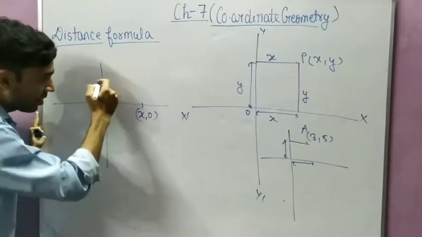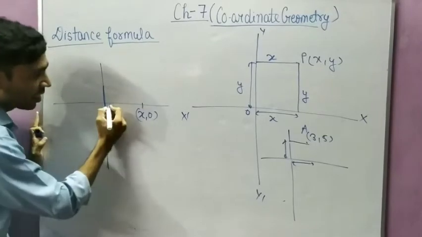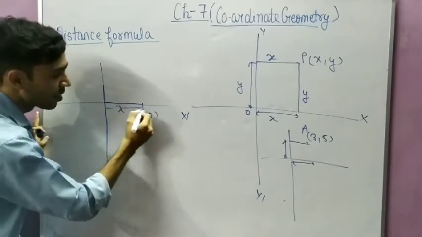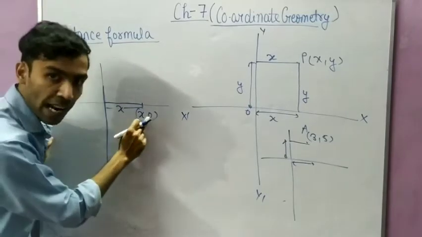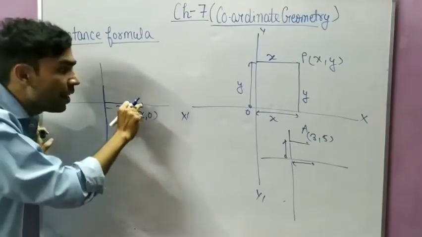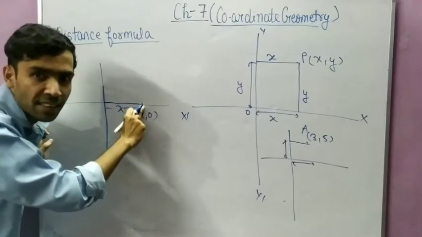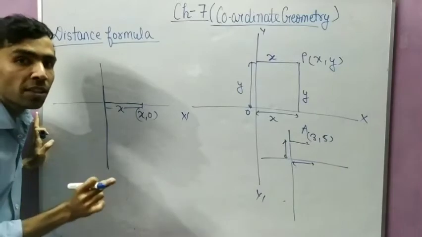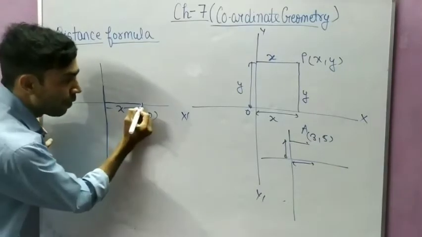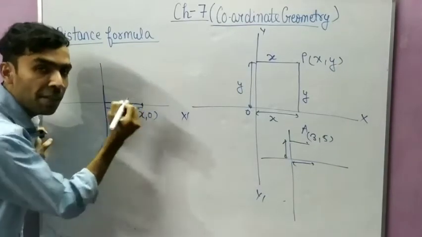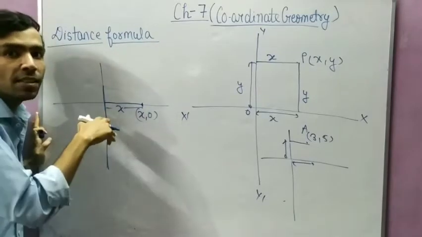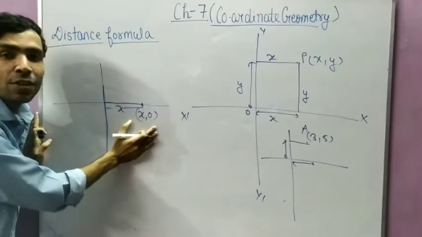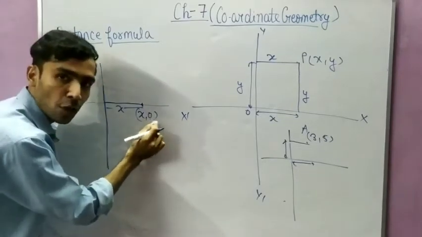So this is perpendicular to the y-axis, and this distance will be x. Now, what is y? Y is 0. When the point lies on the x-axis, and the ordinate is the perpendicular distance from the x-axis, there is no distance. That's why whenever a point lies on the x-axis, its coordinate is (x, 0).